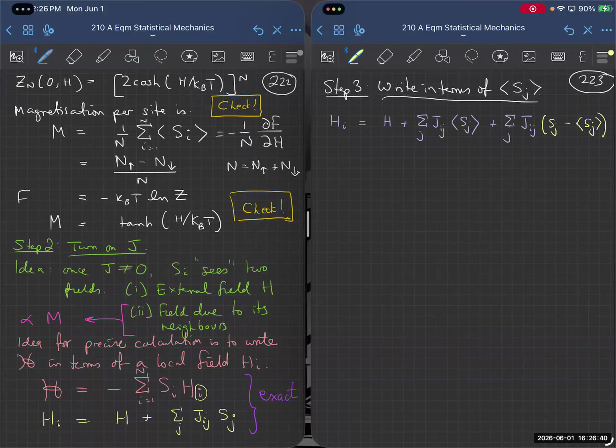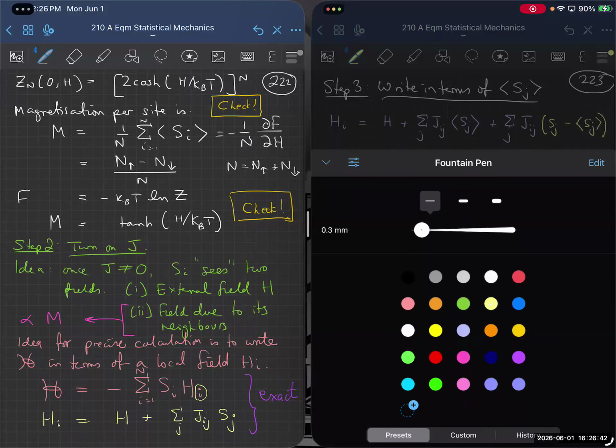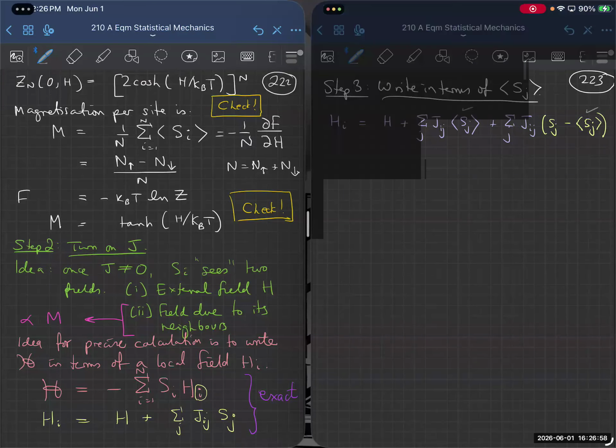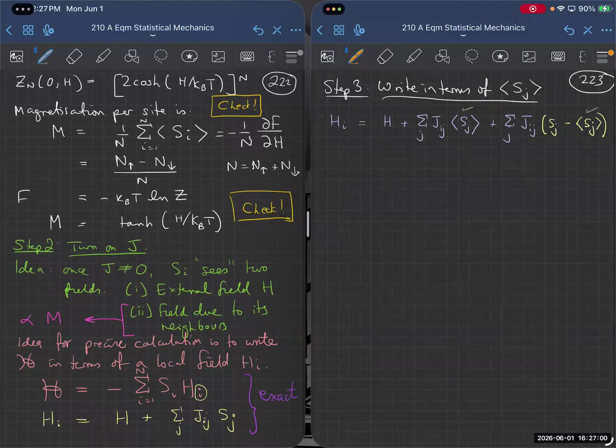Can you see that this term and this term cancel out? So all I've done is nothing; I've just added this term and subtracted it. And if you ask, well, what is the meaning of this particular term here?